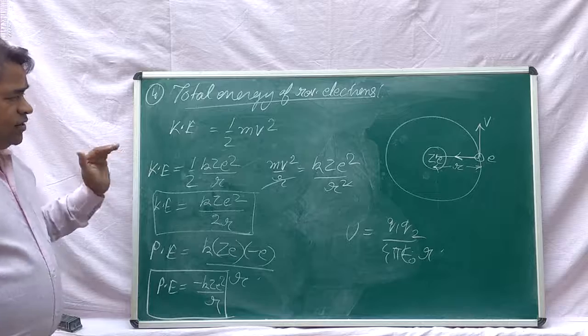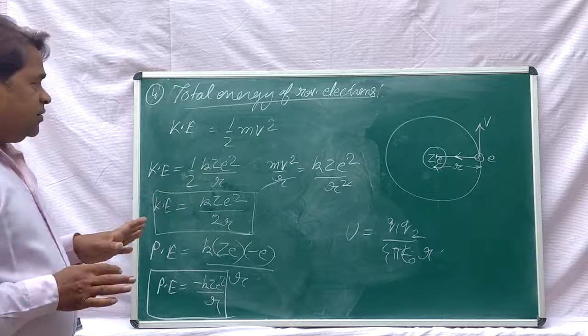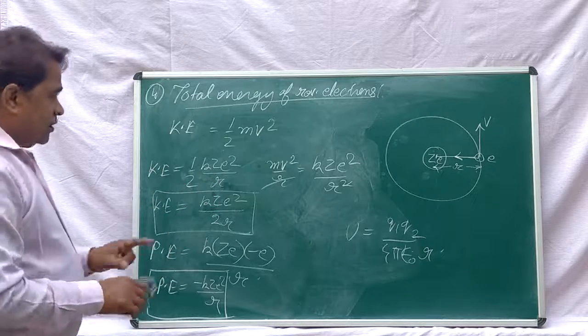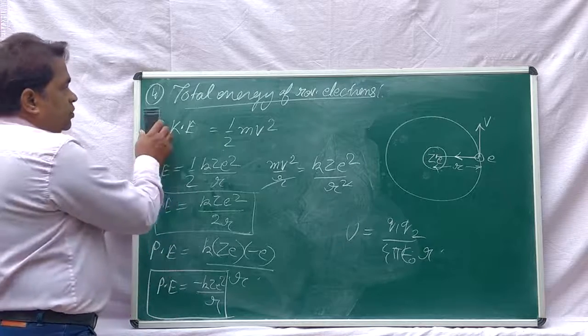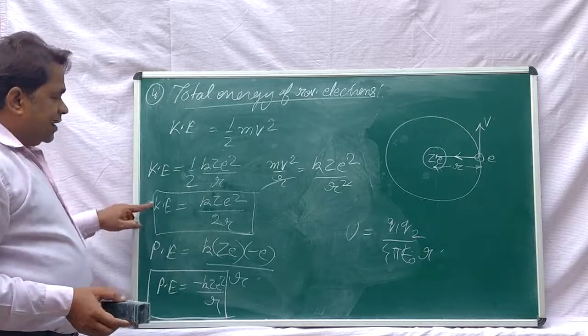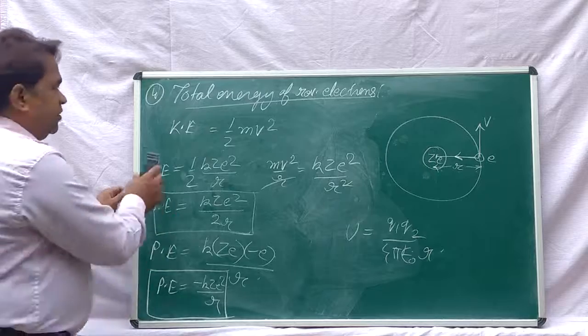Now we are going to find out the total energy of the revolving electron. So let us see the total energy. We will add the kinetic energy as well as the potential energy here.